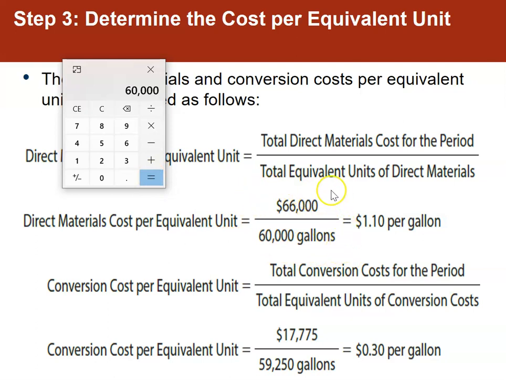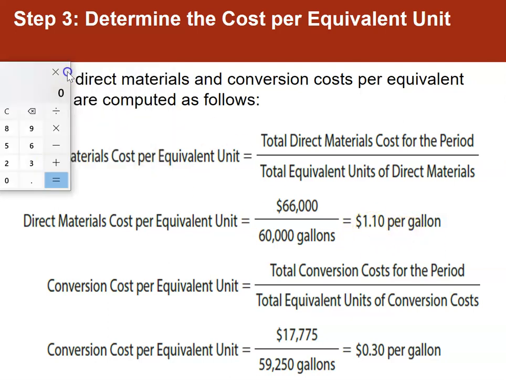They are giving us the cost of those materials, and so they're saying the materials that were requisitioned cost $66,000. $66,000 divided by 60,000 gallons of materials that were requested, and that's where they got their $1.10 per gallon.